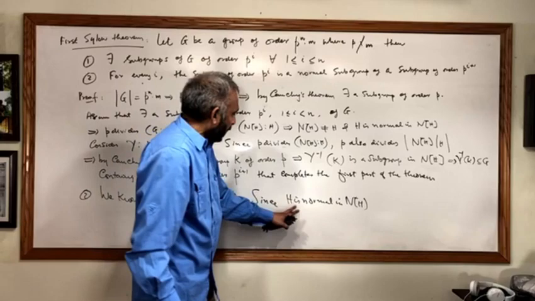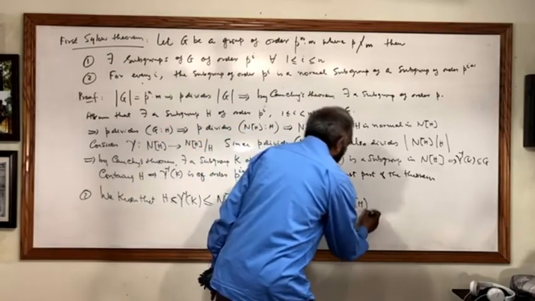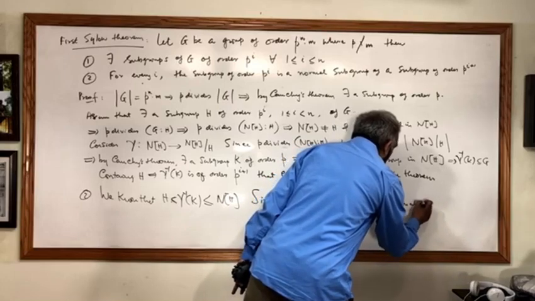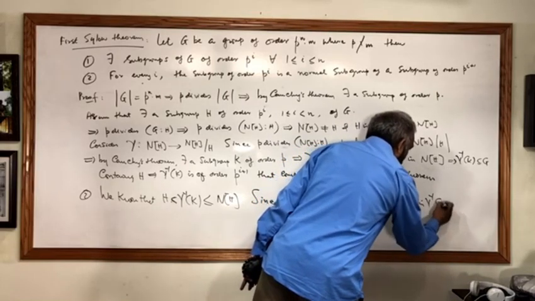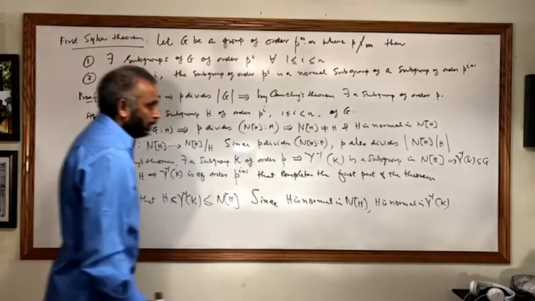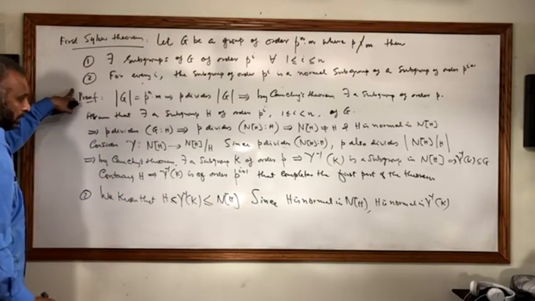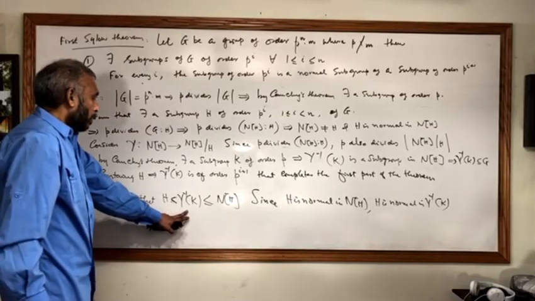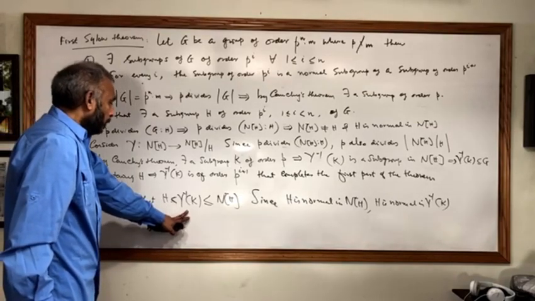Since H is normal in N of H, H is normal in gamma inverse of K, and that completes the second part. This is of order p to the power of i. This is of order p to the power of i plus 1.